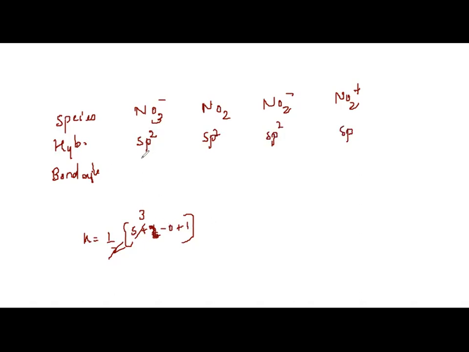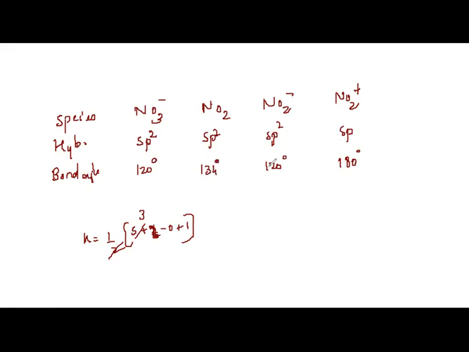So what will be the bond angle for sp2? 120 degrees. And for sp, it is 180 degrees. We expect this. But actually for NO2, since there are lone pairs, the bond angle is not 120 here. It is 134 degrees. It becomes more.